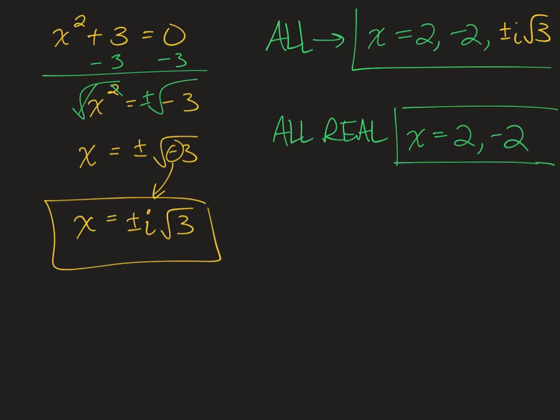And I want to take it back to the original function that we had, which you can see down here. The highest power on x, the highest exponent we have here, is 4. Now I said in the first example, this is the number of answers you should expect. You should expect 4 zeros. And here they are. We've got 2, negative 2, positive i square root of 3, and negative i square root of 3.